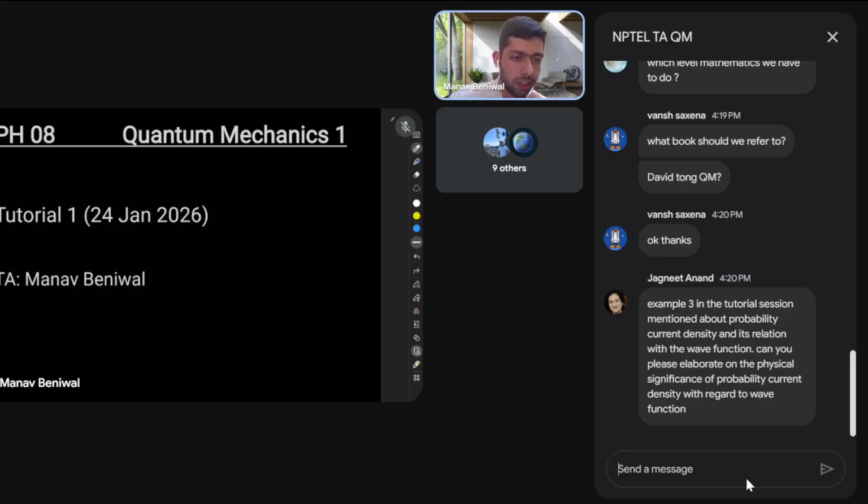So Miss Jagneet Anand is asking about the physical significance of probability current density and its significance with regard to the wave function. Any more questions?